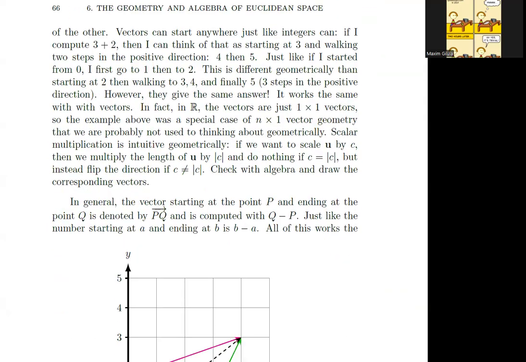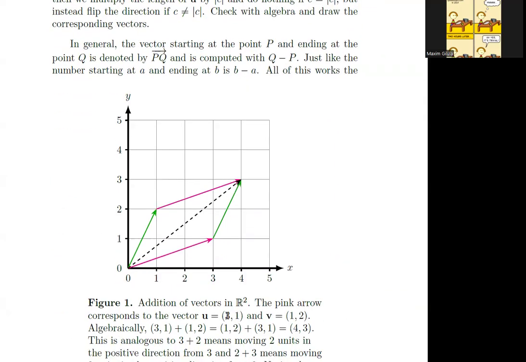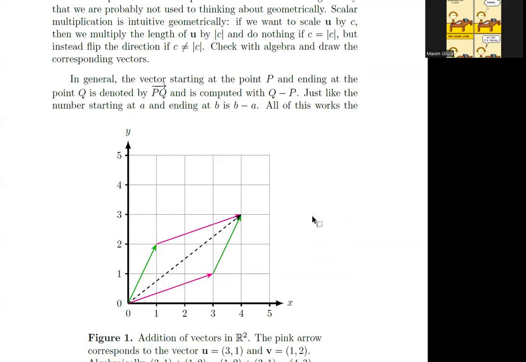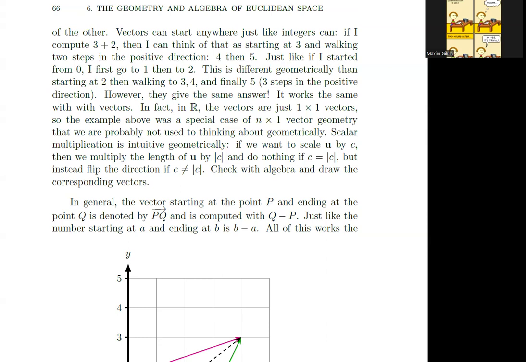And algebraically, we just add the coordinates. So 3, 1, and 1, 2, we add to get 4, 3. And this really is the point 4, 3 at the very top right of this vector. So the vector is 4, 3. But this isn't new. To compute 3 plus 2, you could think of taking the number 3 and attaching 2 more to it to the right.